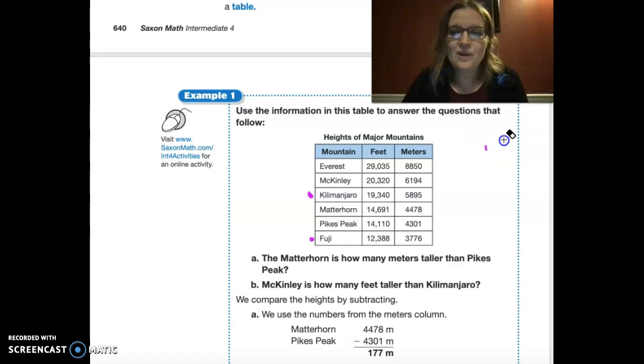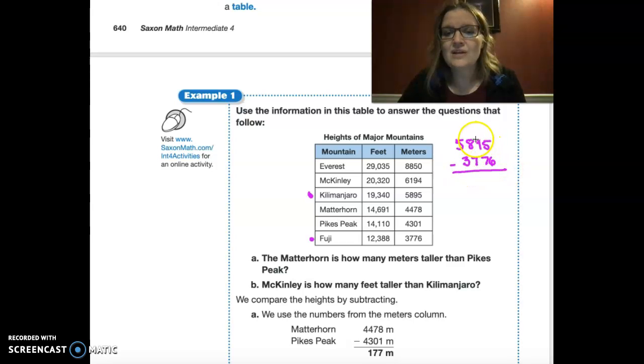So this is why it's so handy to have your graph, your tables, because we also have the meters measurement, and we can see, rather than having to convert everything, it's all there. So here we go again. Kilimanjaro is 5,895 meters, and so we're going to subtract the measurement of Fuji, which is 3,776 meters.